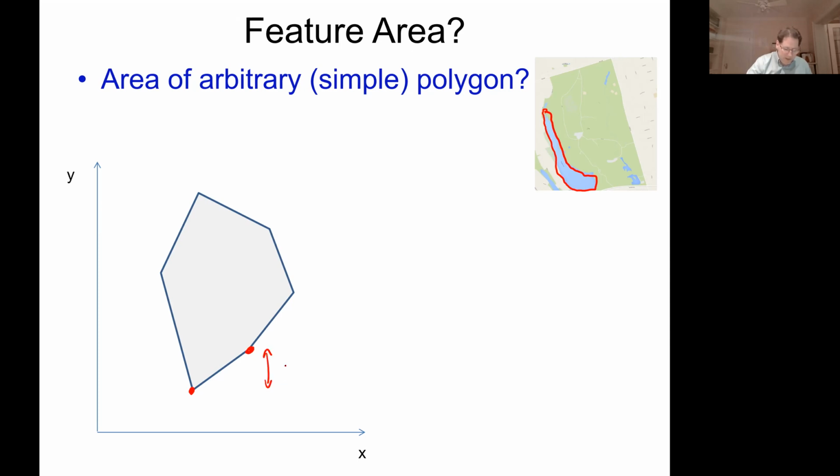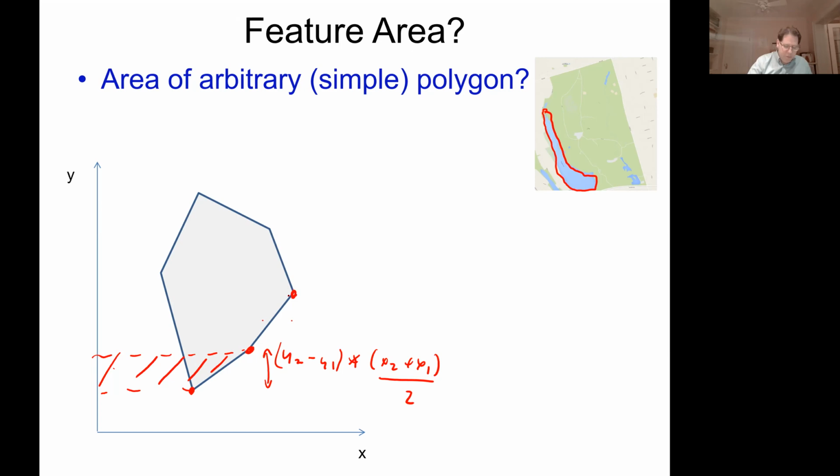We take y2 minus y1, and that's the height of this. To compute the area to the y-axis, we take that and multiply it by the average x, which is just x2 plus x1 divided by 2. That computes this little piece of area. Okay, so it's like an integral.